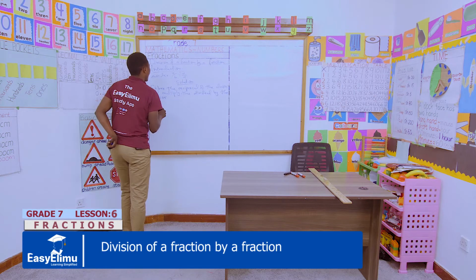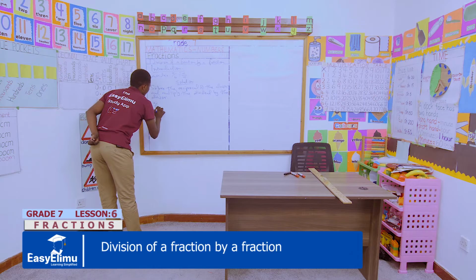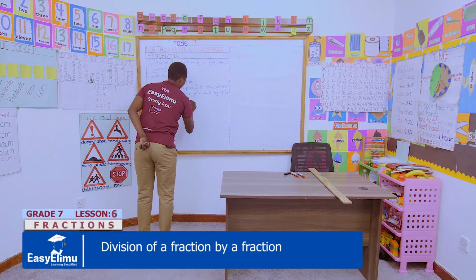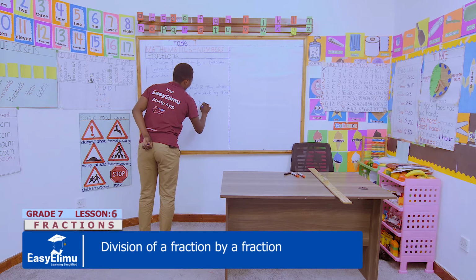So here, A over B is our dividend, and C over D is our divisor.